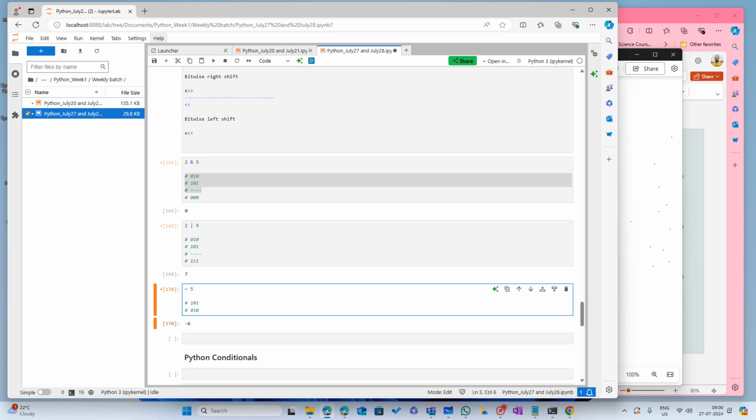So if you had 5, when you negated it, ideally you should have gotten 2, but under the hood it's not negating only these. It is actually negating the complete 1 byte. So that's why you get 1, 1, 1, 1, 1, 0, 1, 0.